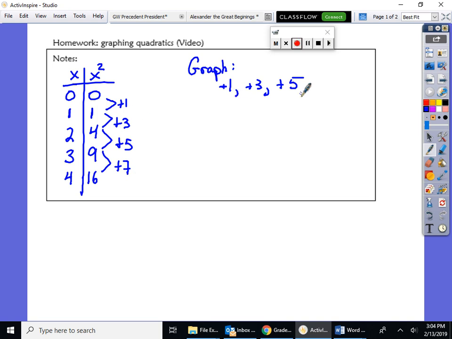Now we also have something called our vertex. So we're going to look at this word called vertex. And this is our starting point.